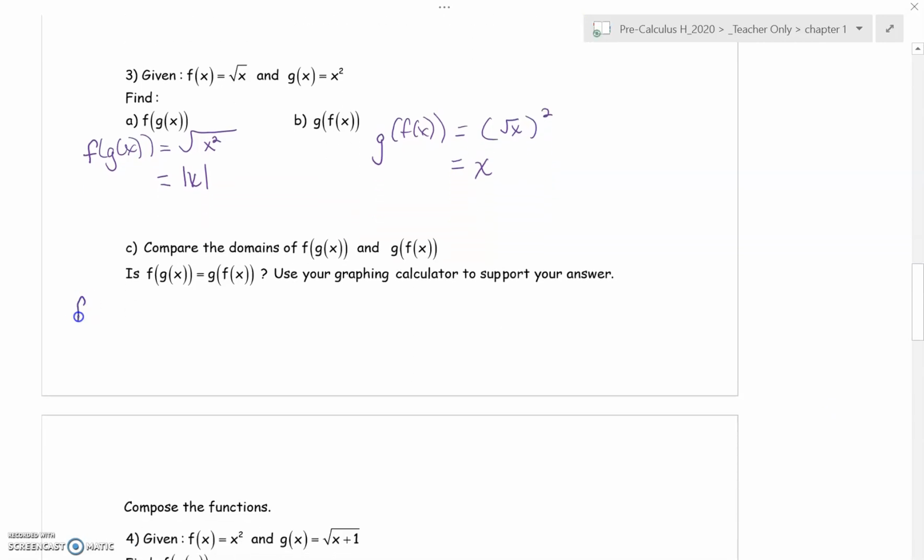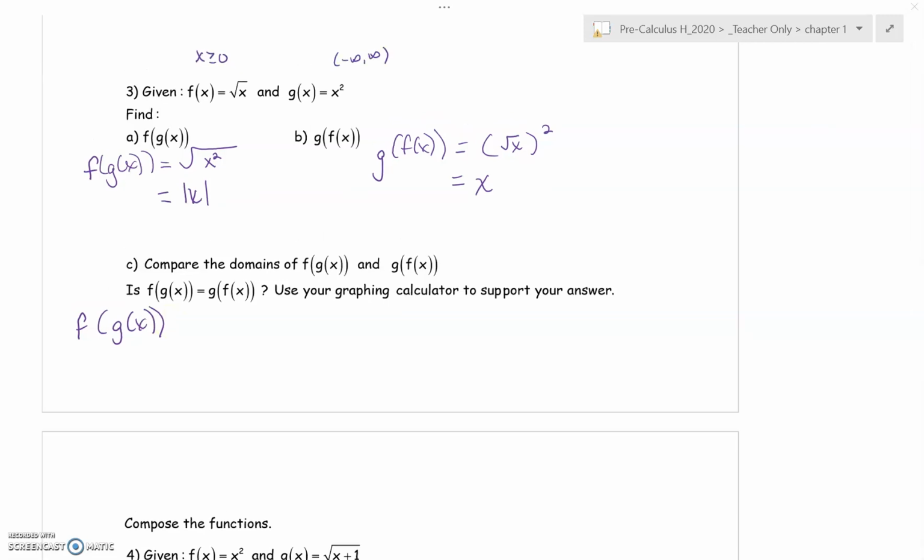Let's first of all find the domain for f of g of x. So it helps, I think, to consider the domains of f and g. The domain of f of x, notice x has to be greater than or equal to 0, and g of x is all real numbers. So that means if I'm thinking about the domain of f of g of x, f requires that all of its x's, every input value, is greater than or equal to 0. But again, our input now is all of g of x.